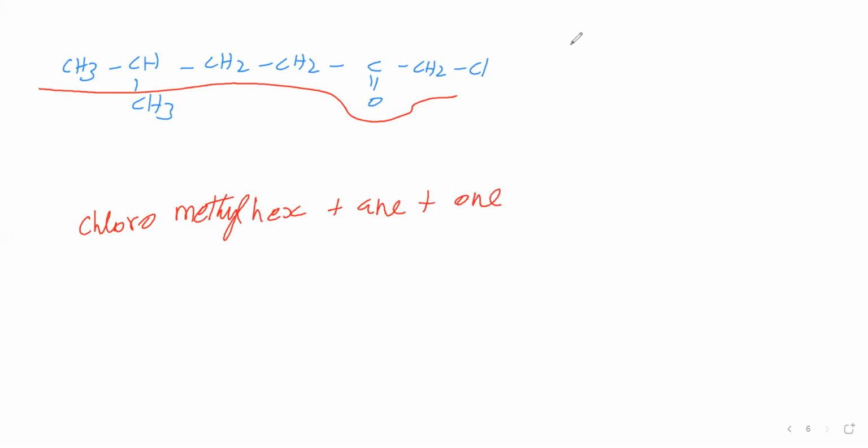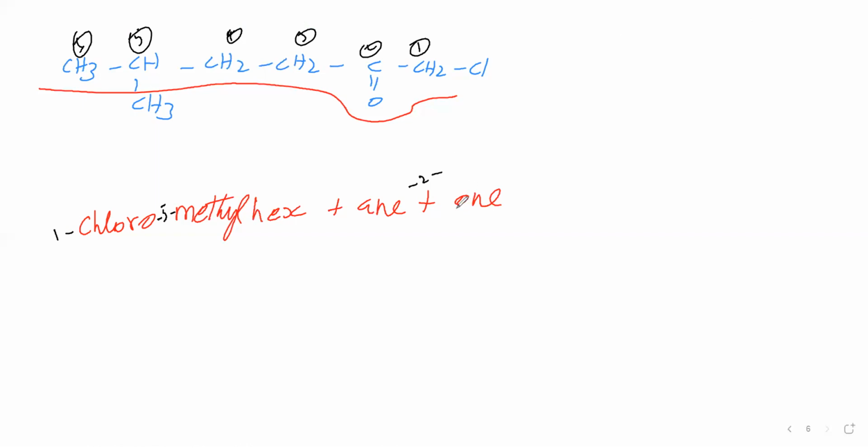Let us give the numbering. The main functional group should get the least position, therefore here number 1, here number 2, number 3, number 4, number 5, number 6. So the position of the methyl group is 5, that 5 we will write here. Position of chlorine is 1, that 1 we will write. Then the position of the ketone is 2.